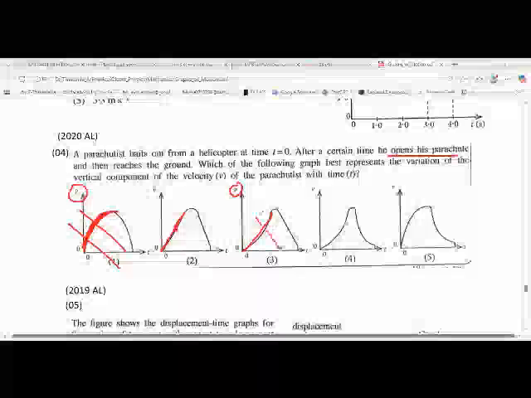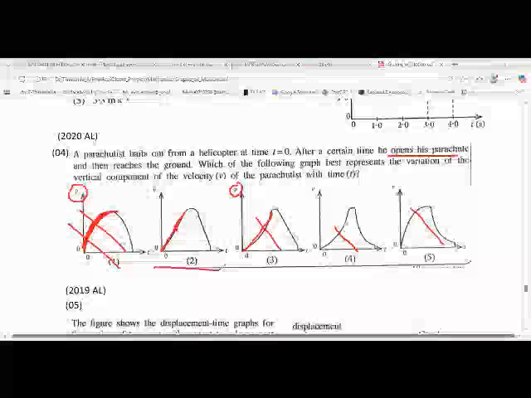Also, we can reject this. All of these can be rejected because they are curved graphs. Then we can accept this second answer. Okay, the second answer can be accepted.